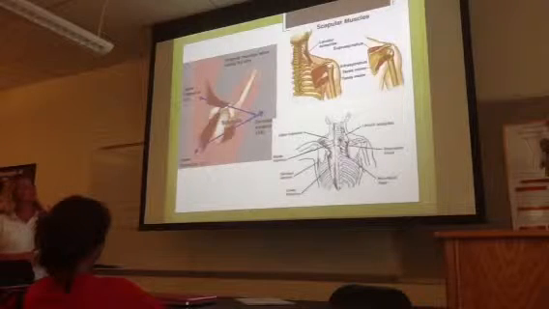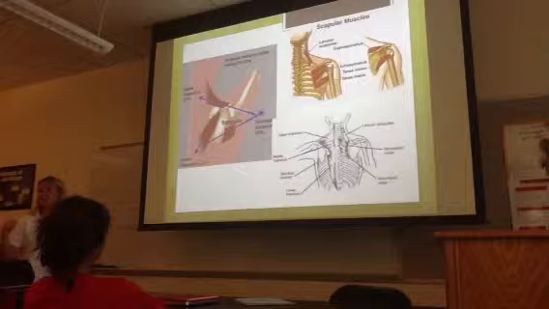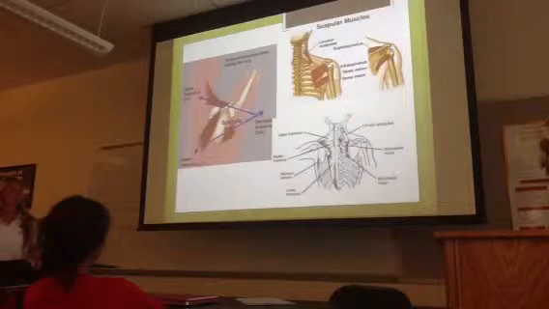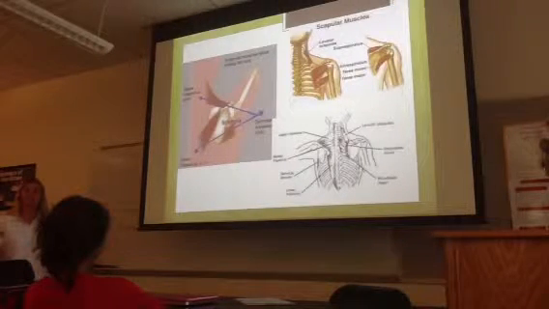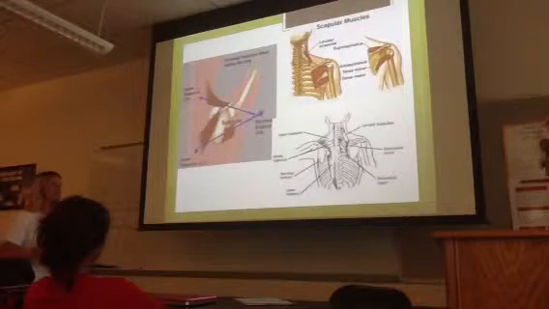So whenever you're going through a motion and depending on your mechanics, you can either be stressing too much on one muscle or not enough on another, and that'll cause an imbalance in the scapula.